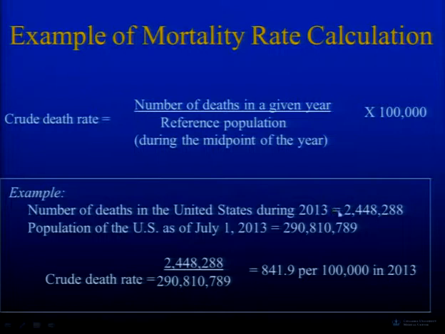So if the number of deaths in the United States in 2013 was about 2.5 million, and the population in the US in July of 2013 was about 290 million, you end up with a crude death rate of 841.9 per 100,000 in the year 2013. So does everyone see how those numbers are used?